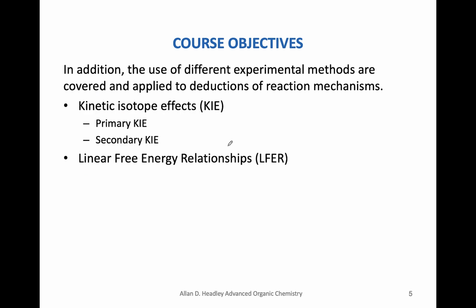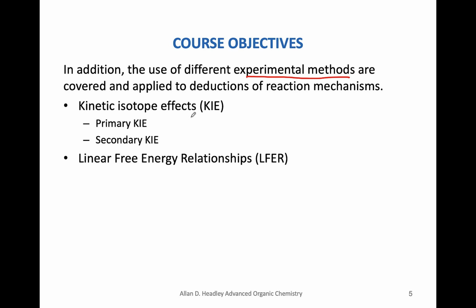In addition, we will look at experimental methods that are used to deduce reaction mechanisms. As expected, as chemists and scientists, we rely heavily on experimental results and observations to determine conclusions.